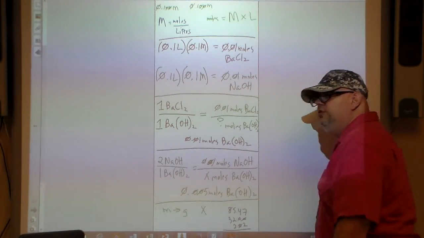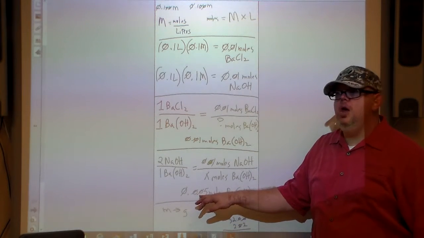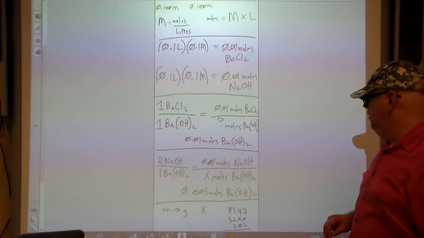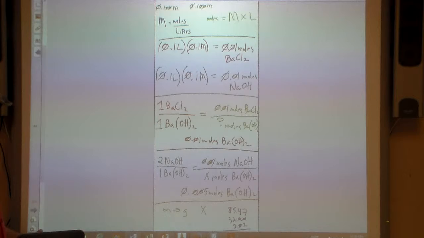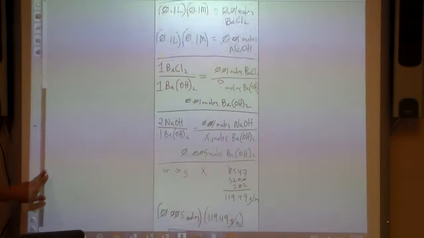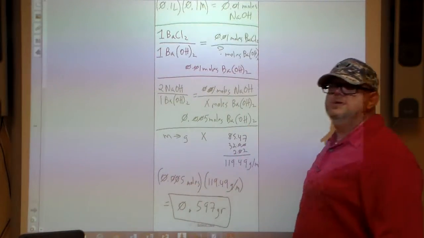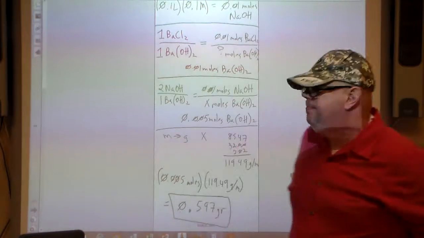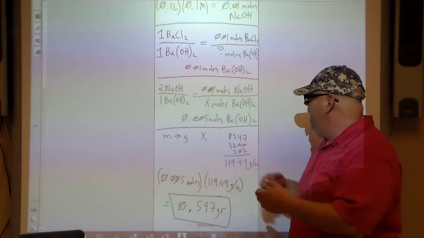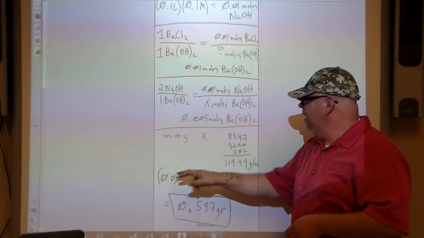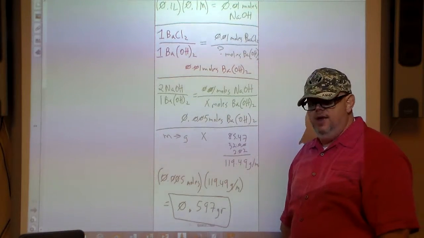We figured out how many moles of product we have, taking the lower number of moles. Then we went from moles to grams: we added up how many grams there are in a mole of Ba(OH)2 and multiplied by the number of moles from the previous step to get 0.597 grams.